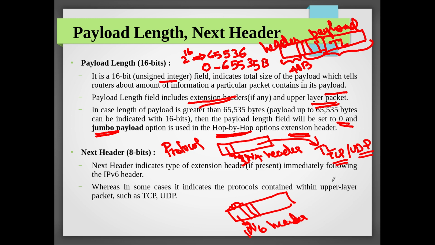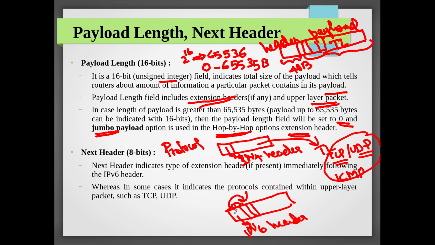Just like the protocol numbers given for TCP, UDP, or network layer information like ICMP, we have a protocol number concept for the extension headers also. What kind of extension header is immediately following my main header? Its number will be represented in the next header field of the main header.